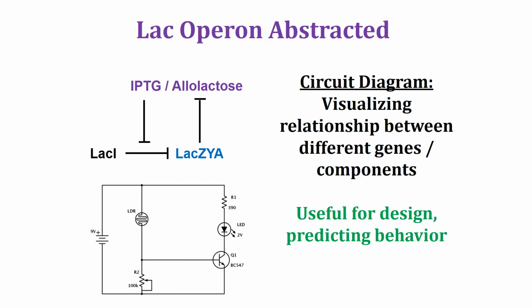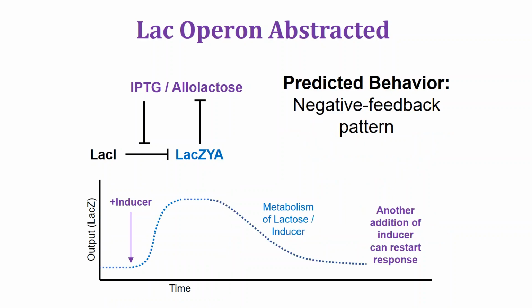Here in this depiction, you can see that LacI is repressing the expression of the Lac Operon, LacZ, Y, and A. IPTG will actually stop the repression, and expression of these genes actually destroys things like allolactose or IPTG, in theory.